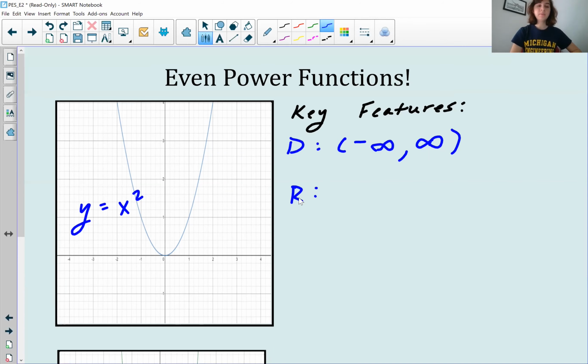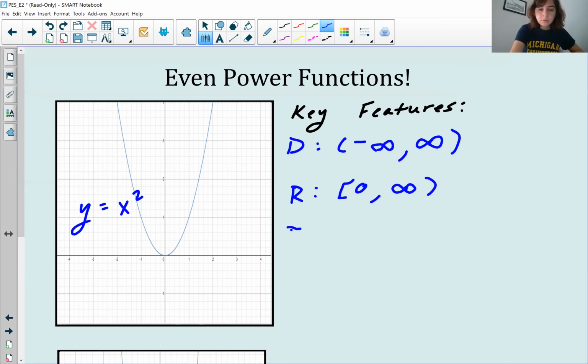Range is going to be the set of actual outputs we get when we plug in our domain. And if we look at the graph, our minimum y value is going to be 0, which is included. And then they go to infinity. So we're going to add that in. Okay, domain and range covered.